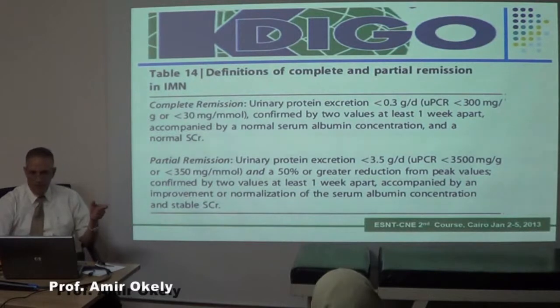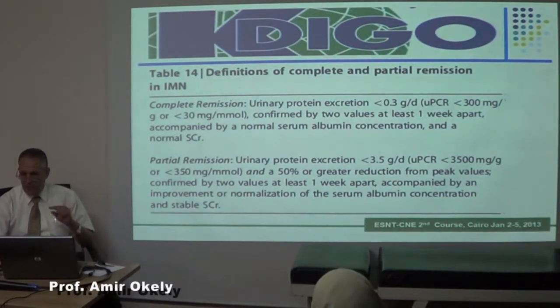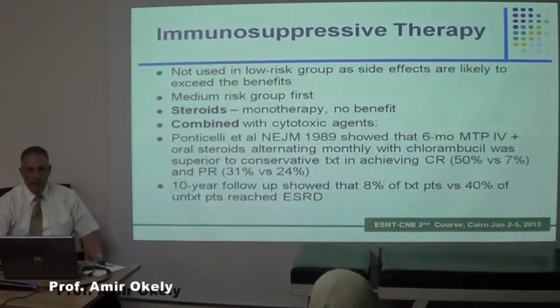What about partial remission? Urinary protein excretion less than 3.5 gram per day and a 50% or greater reduction from the peak value, confirmed by 2 values at least 1 week apart, accompanied by improvement or normalization of serum albumin concentration and stable serum creatinine. This is the definition of complete remission and partial remission.